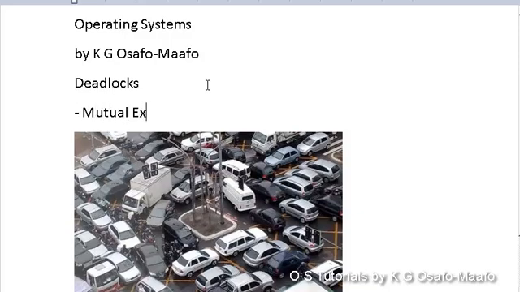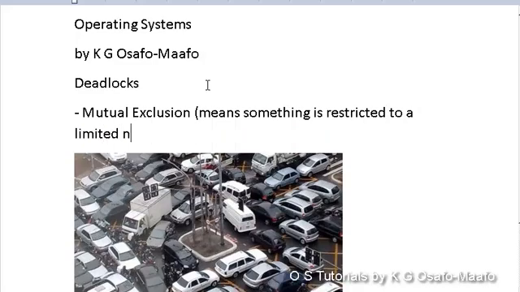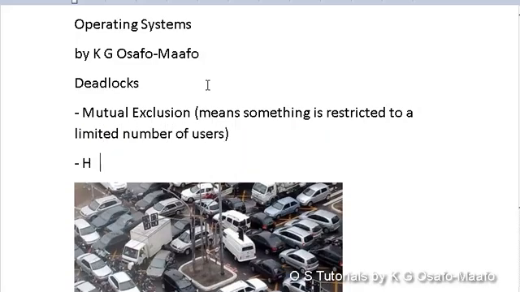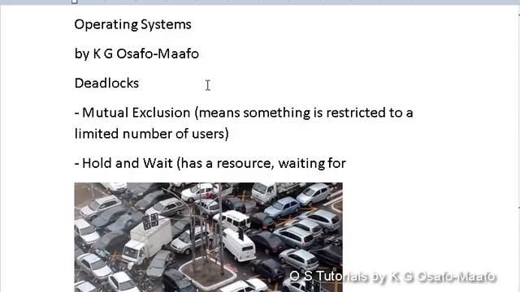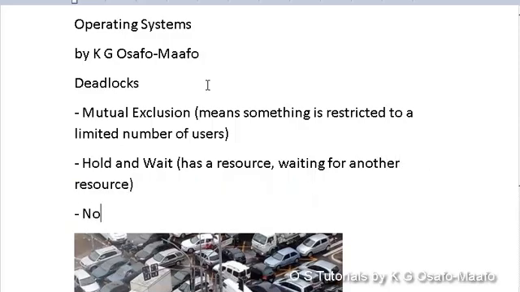First is mutual exclusion. It means something is restricted to a limited number of users. Another thing is hold and wait. Hold and wait means someone has a resource and is waiting for another resource to proceed. Another thing is no preemption.